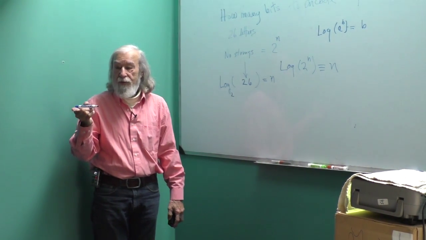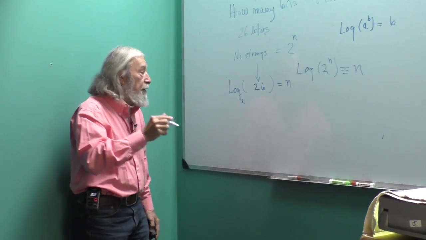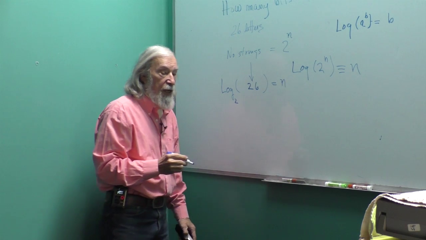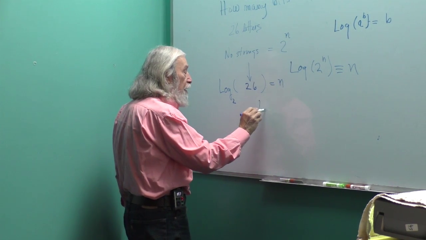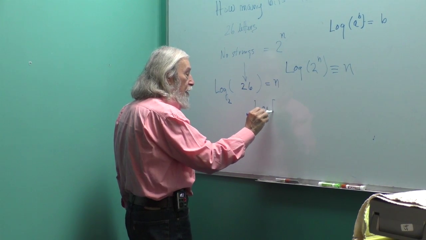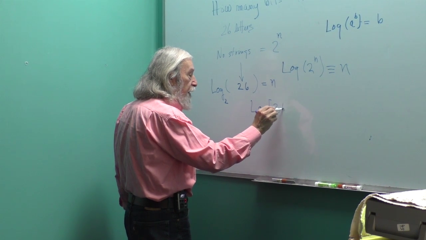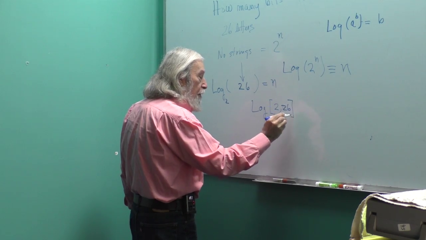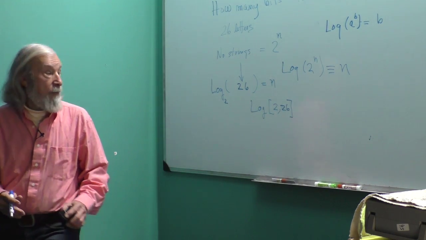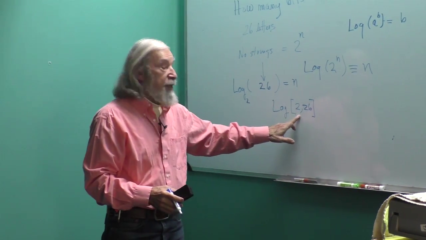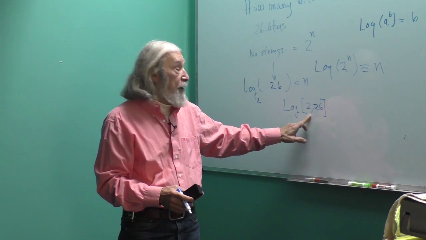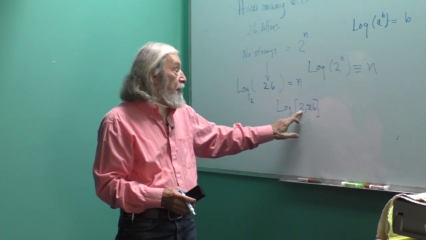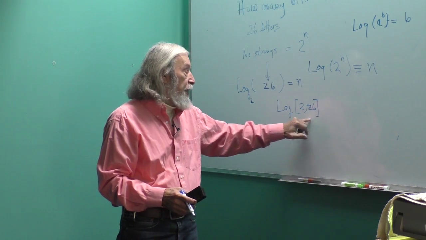If you want to use Wolfram Alpha to find what this is, you put in log base 2 of 26. Because there can be different bases rather than 2, you have to put in what the base is. So log base 2 of 26.